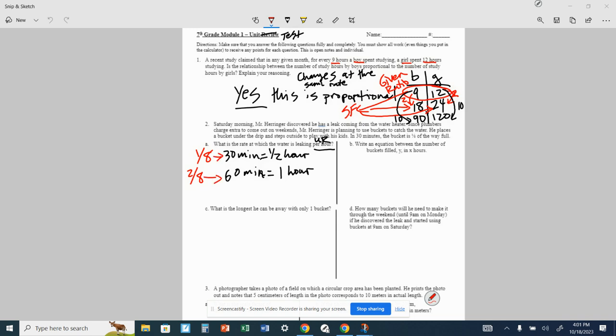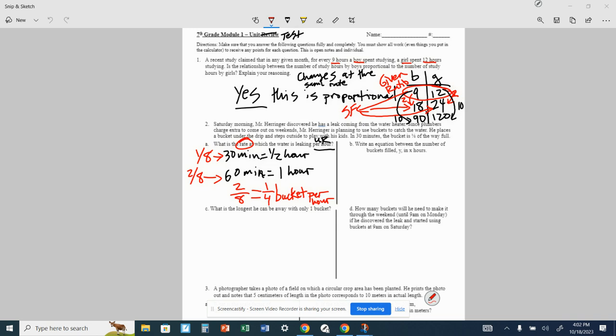My unit rate is 2/8 of a bucket, or we can reduce that. Divide both the top and the bottom by 2. 2/8 is the same thing as 1/4. So it's 1/4 of a bucket per hour. That's the rate at which the water is leaking, 1/4 of a bucket every hour.